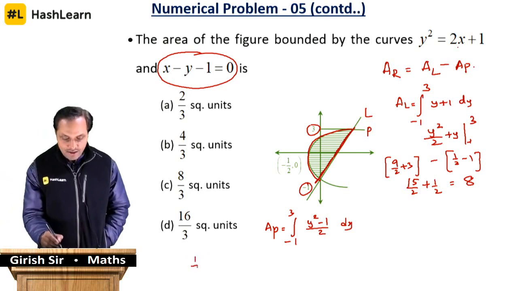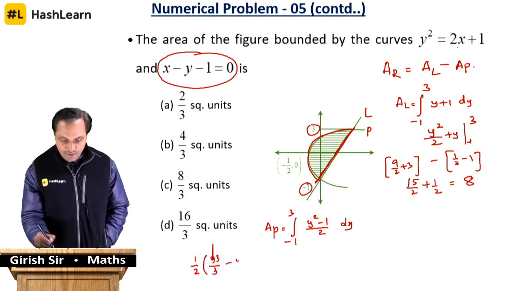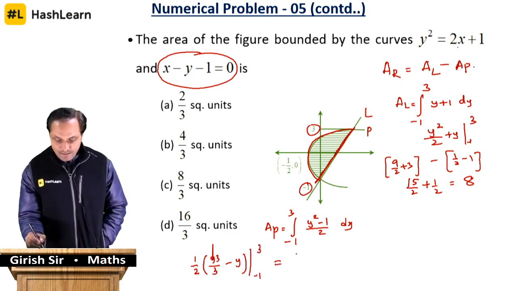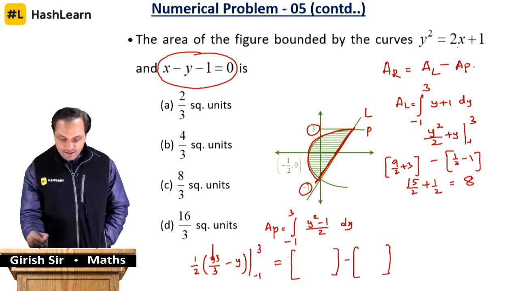Again you will have the constant 1 by 2 outside. Integrate, this will give you y cube by 3, since the integration of y square is y cube by 3, minus the integration of 1, which is y. And you have to put the lower limit and upper limit, minus 1 to plus 3. So the upper limit is 3, right?